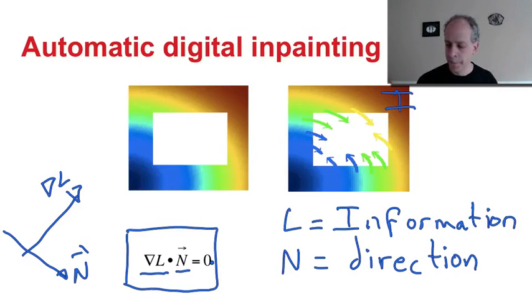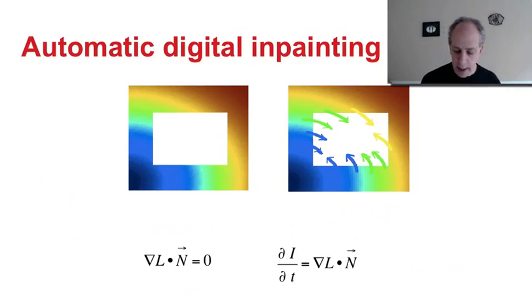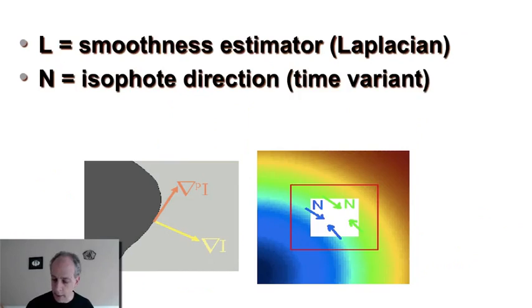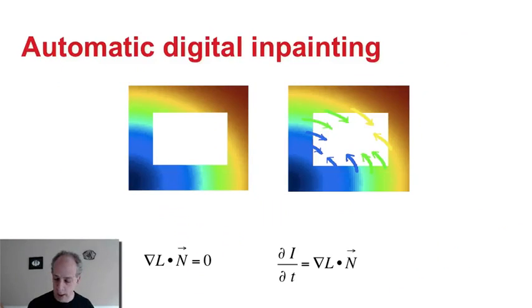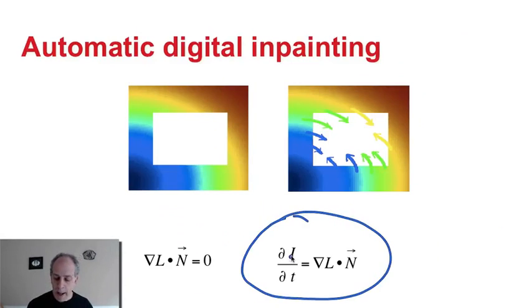Very simple. We basically do this. Let me just go back 1 second. We basically do this. We make the image change in time according to what we want.